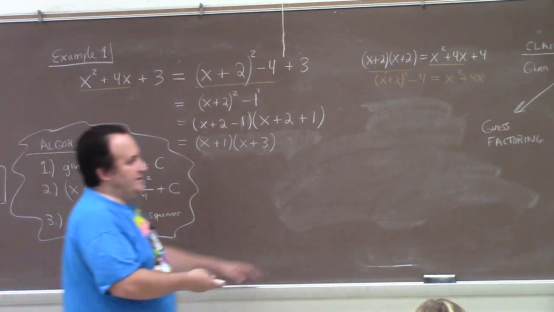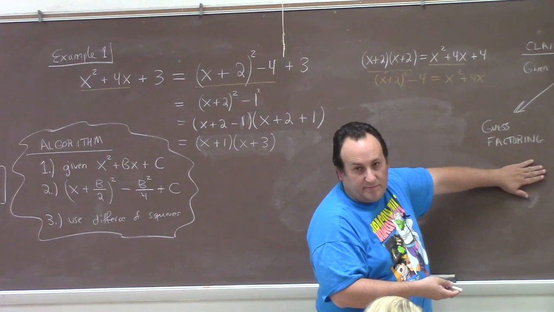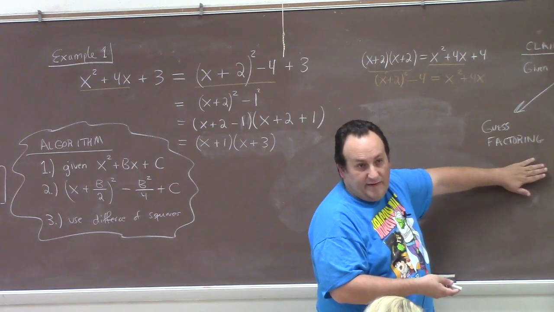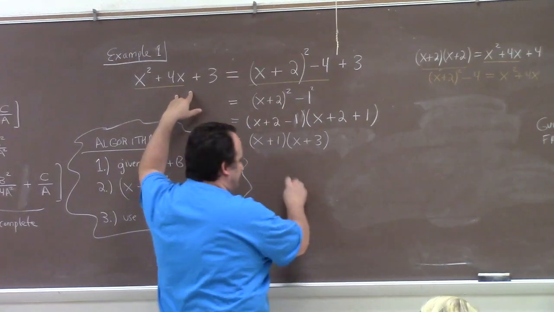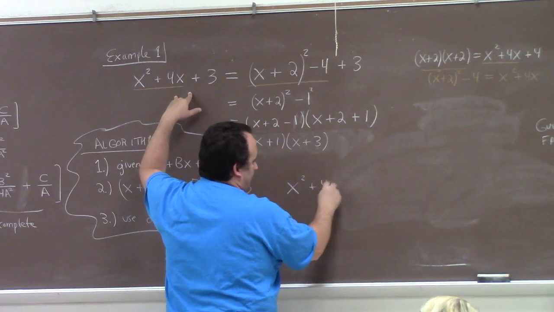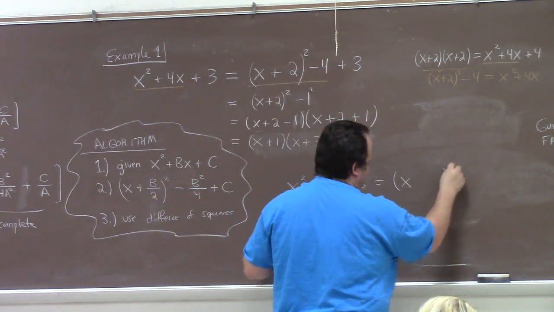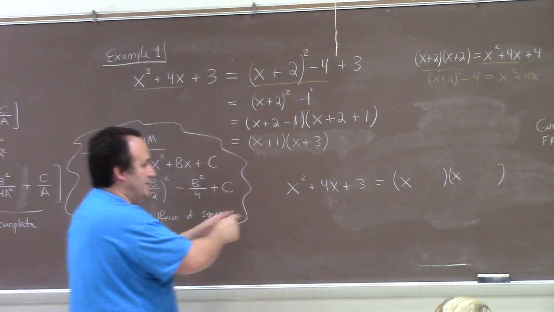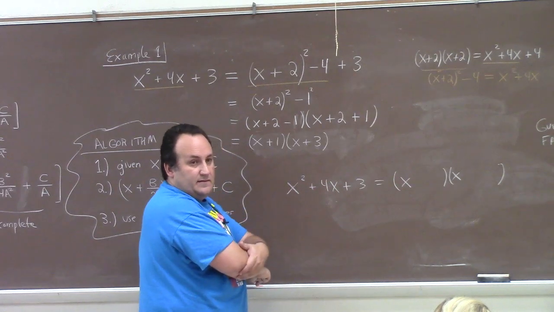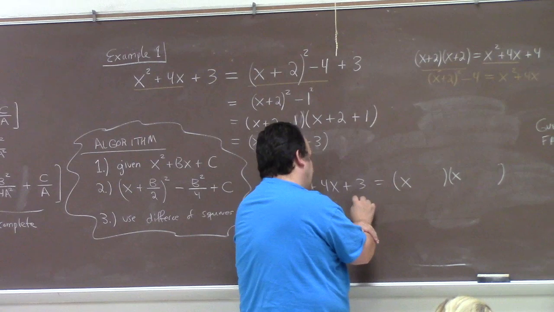But yeah, I would say that this example is simple enough that factoring was pretty easy, right? So a reasonable way to do this problem would be to just look at x squared plus 4x plus 3 and do our usual thing. But there is something fundamentally different about the completing the square thing I just showed you.